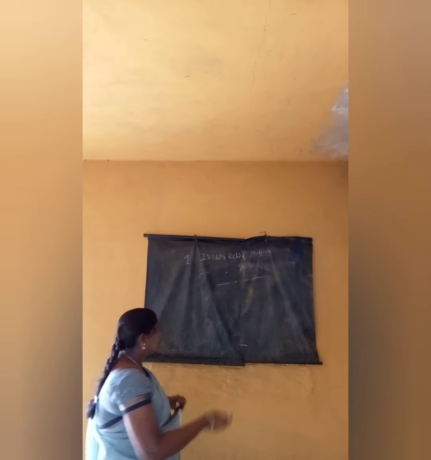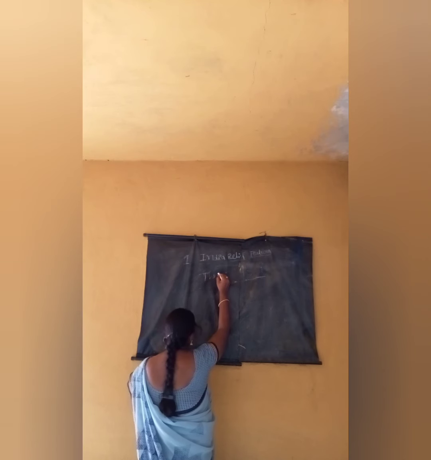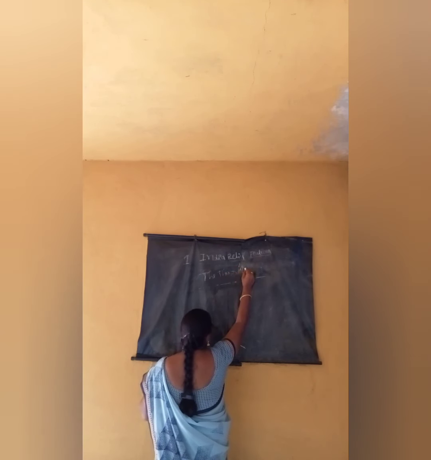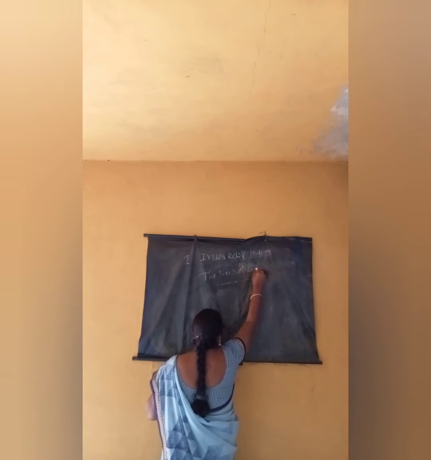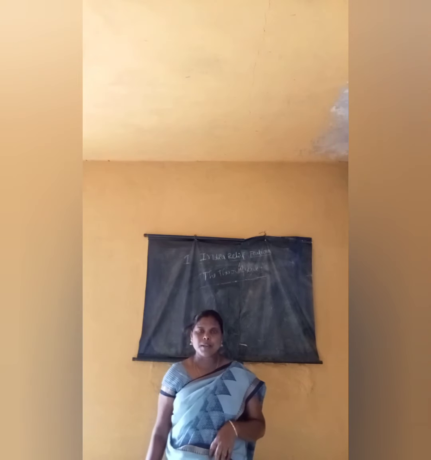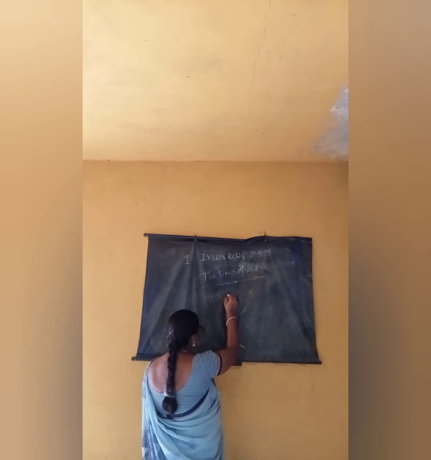Fourth division, the Thar Desert. What is the meaning of desert? Desert means sandy soils. Number one, sandy soils.